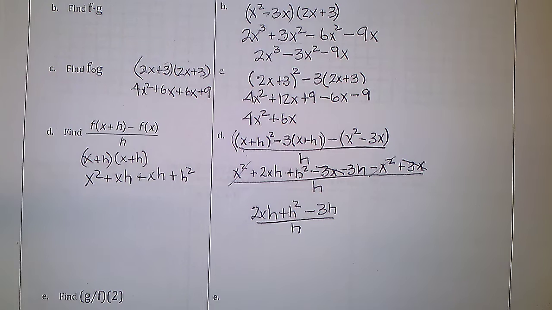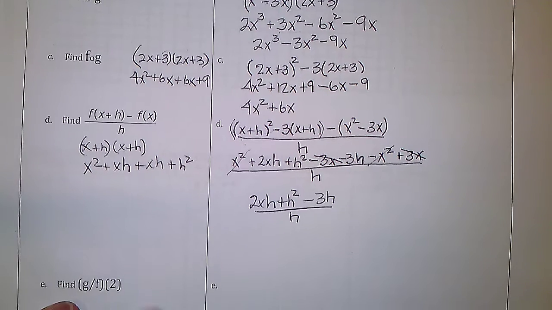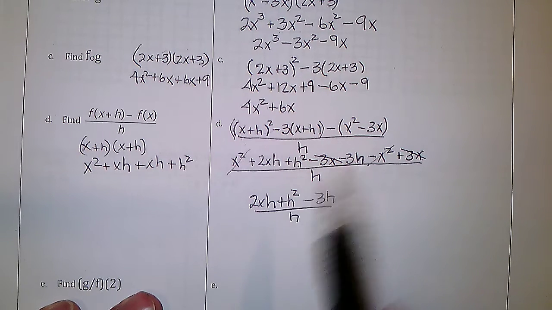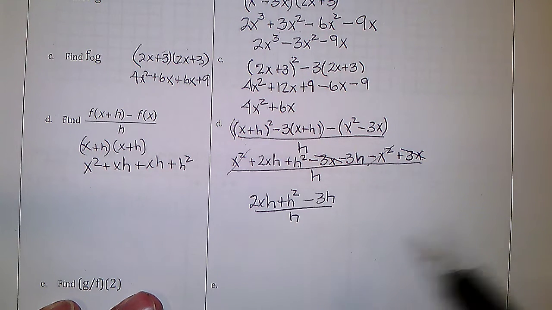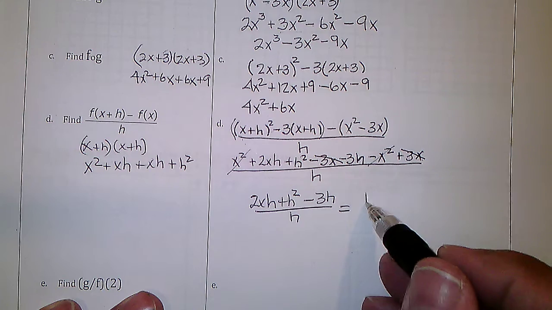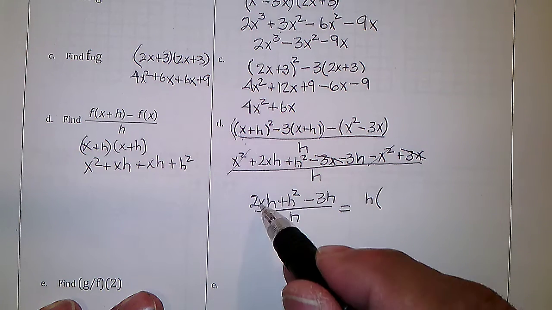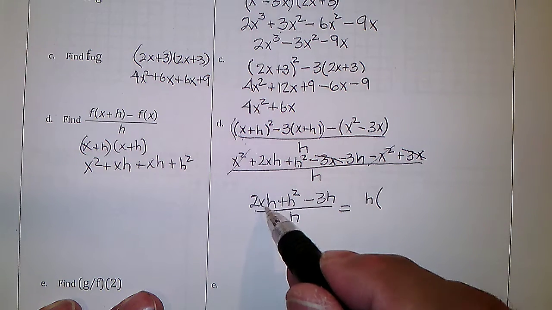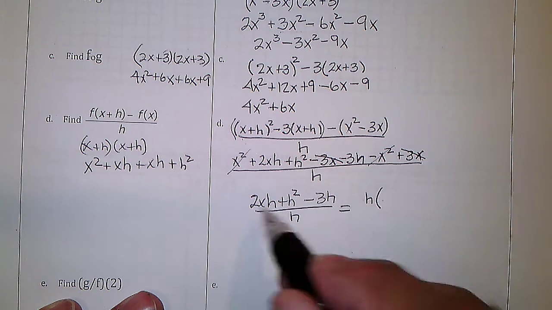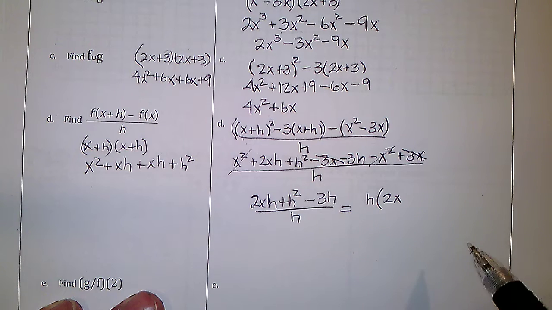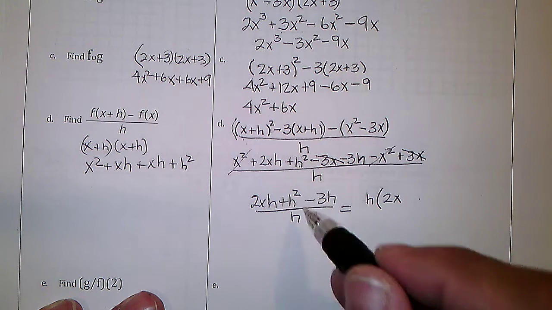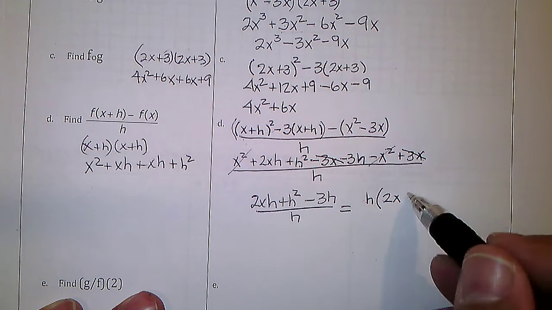Next is the place students make a lot of mistakes. They just try to cancel something here. Factor an h out. There's an h in each one of these. So if I factor it out, h times what would be 2xh? I believe that would be 2x. h times what would be plus h squared?